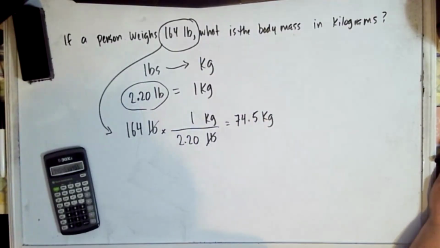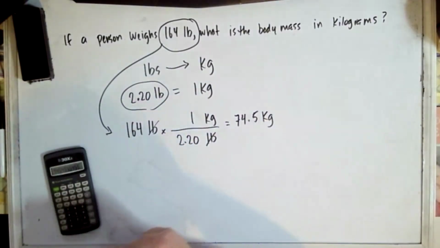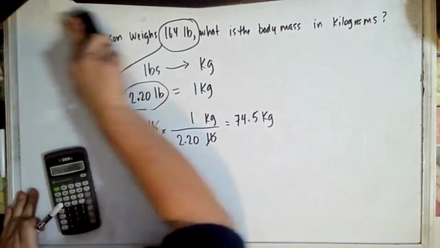All right. The next question says that a rattlesnake is 2.44 meters long. How many centimeters long is the snake?